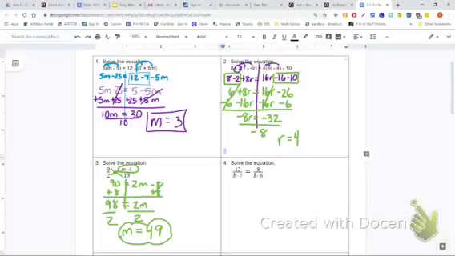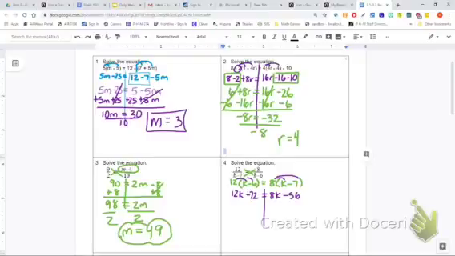And then on number 4, again, crisscross here, 12 times k minus 6 equals, go the other way, 8 times k minus 7. Distribute, we get 12k minus 72 equals, distribute, 8k minus 56. I'm going to get my letters to the left and my numbers to the right.